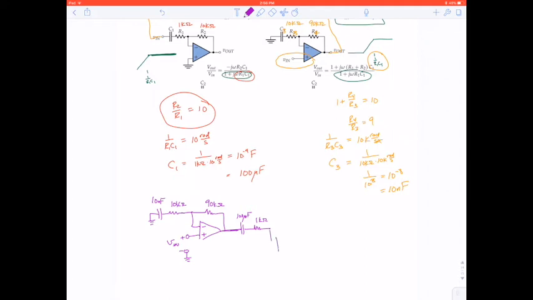And then that goes into the second stage. This is our output for the circuit, and this is the 10 kilo ohm resistor, and that finalizes the design.